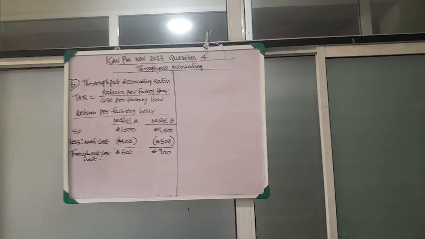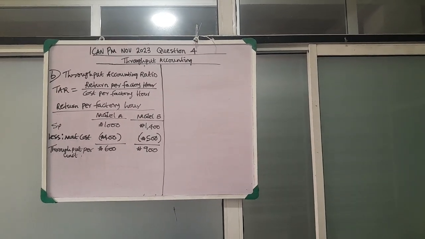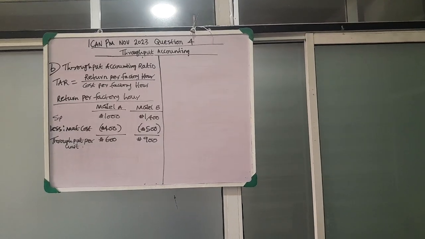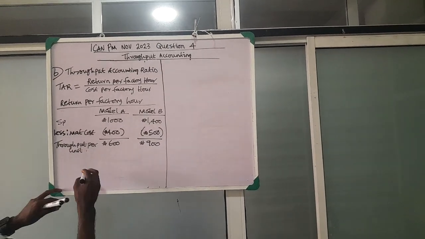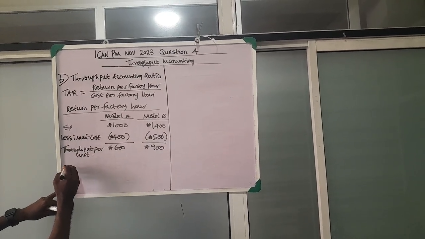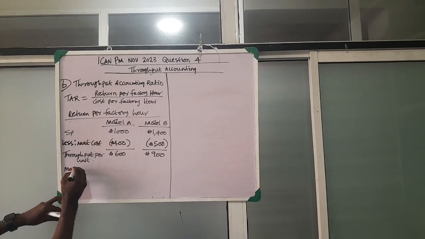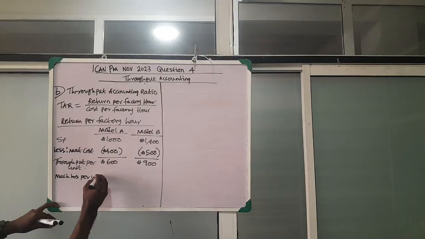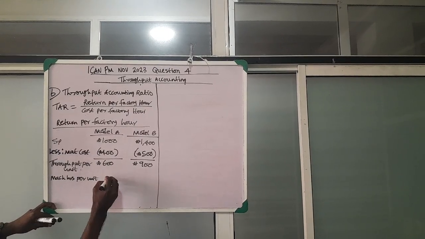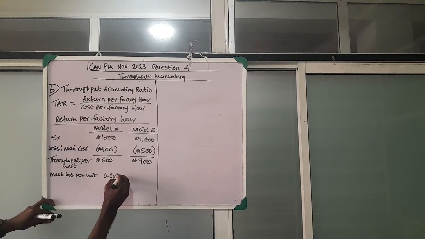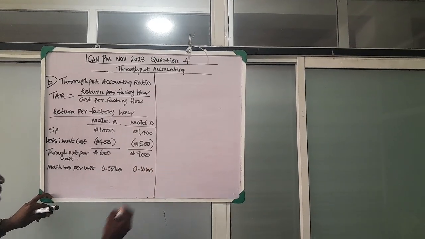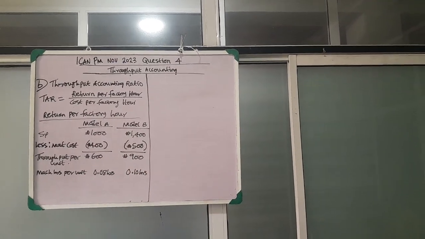We have already computed the machine hours per unit where we solved the A. That will help to give us the return per factory hour. So we have machine hours per unit as already computed. I have 0.08 hours. Here I have 0.10 hours. That is the machine hours per unit.